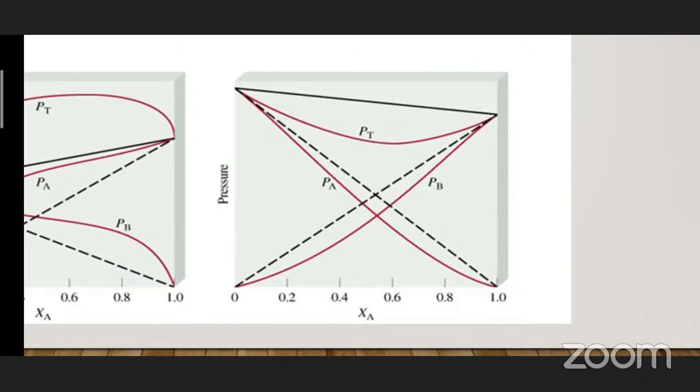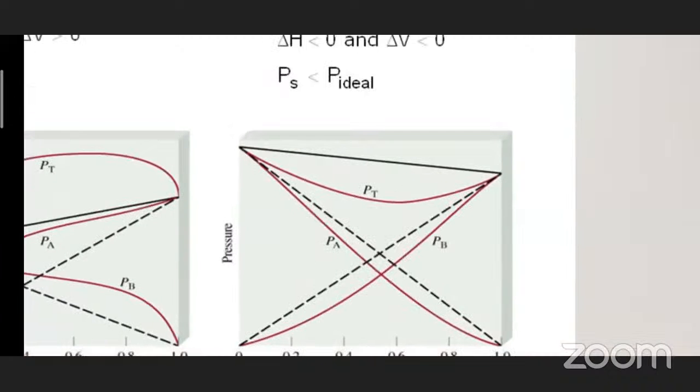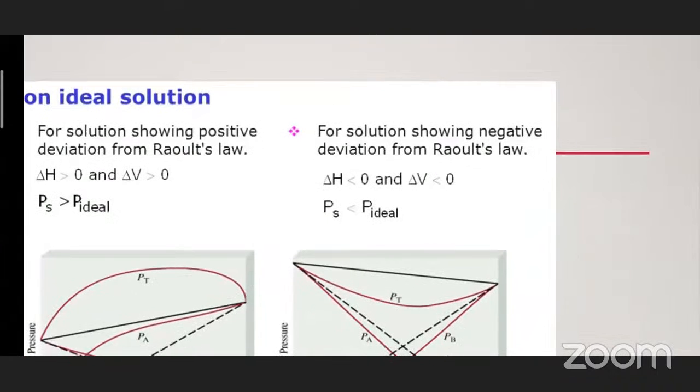Below means what? The values are lesser than expected values. In real, we are getting lesser vapor pressures. Why are we getting lesser vapor pressures? Because it is exhibiting negative deviation. Why is there negative deviation? Because of more interactions between A and B.